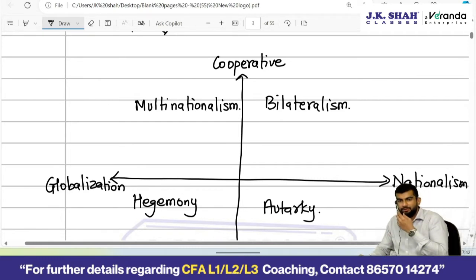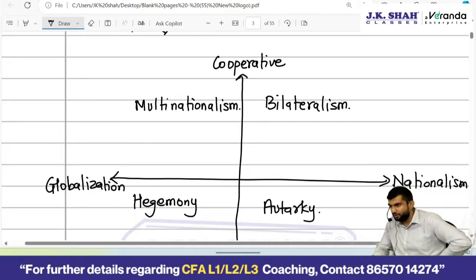Now talking about the three bodies which you often come across: IMF, World Bank and WTO. WTO is mainly for overseeing international trade and disputes pertaining to that. Then IMF and World Bank, we had discussed the difference. World Bank is there to assist the poor and developing countries by giving them loans.